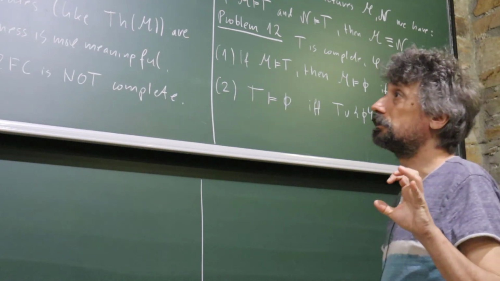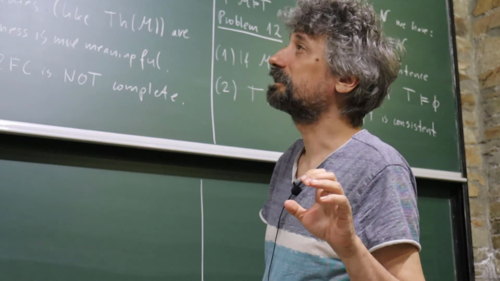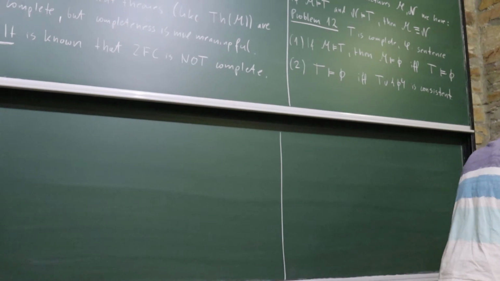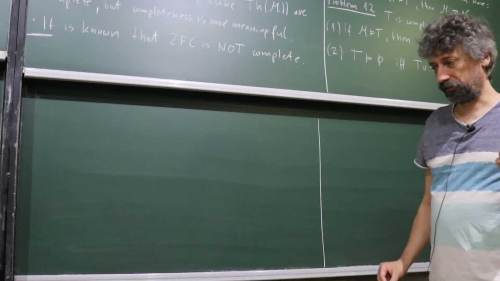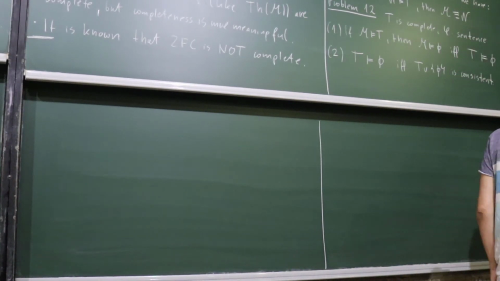Okay, so this is all about compactness theorem and related concepts. So now we proceed to show these theorems MT1, MT2 from the first lecture. But we need some notion related to substructures.